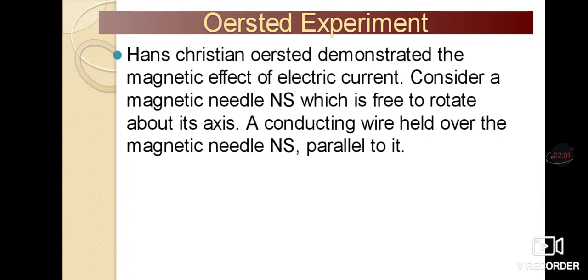Whenever a magnetic needle is kept free, it stands in a north-south position. So consider a magnetic needle NS which is free to rotate about its axis, and a conducting wire which is held over the magnetic needle, parallel to it.